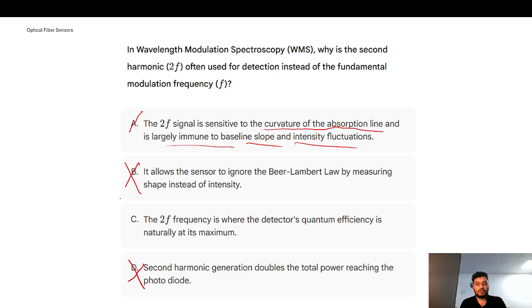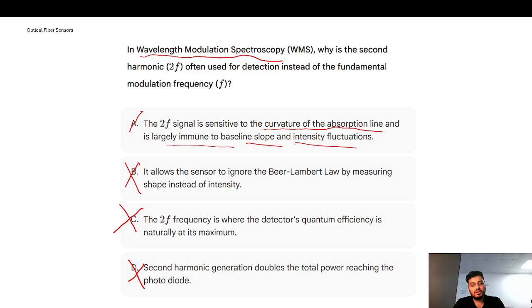And neither is it related to B. The Beer-Lambert law doesn't matter here, because we are not discussing the path length or anything else. We are discussing wavelength modulation spectroscopy. And then this other option is also not correct, where it says the detector's quantum efficiency is naturally at its maximum.